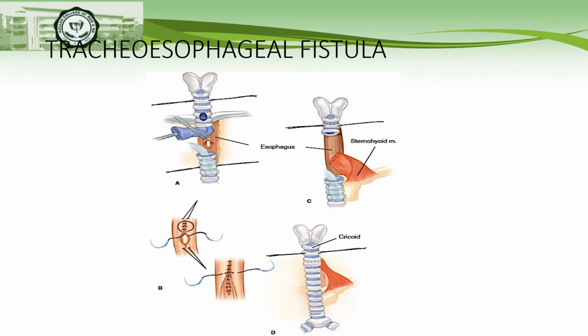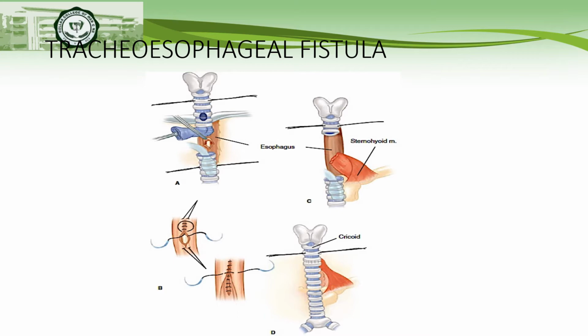So this picture is lifted from Schwartz, showing a single-stage operation for closure of TEF and tracheal resection. Basically, the fistula is divided here, and the trachea is transected below the level of the damage.